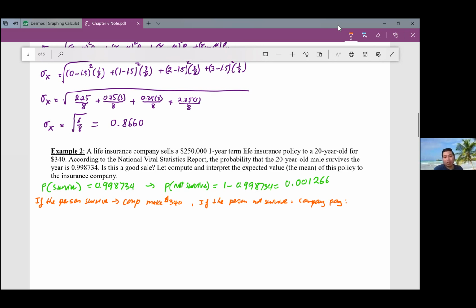Does that make sense? That's how much they actually pay out, because the person already gave that money.